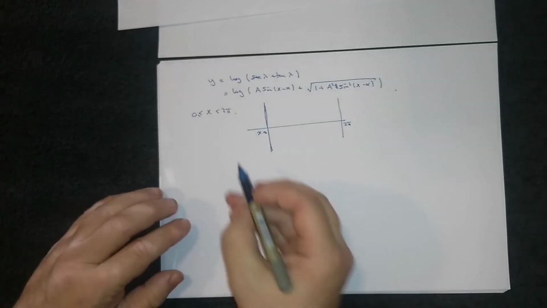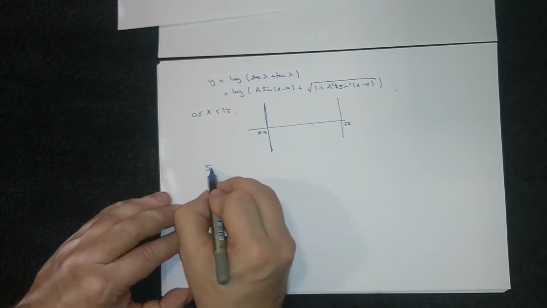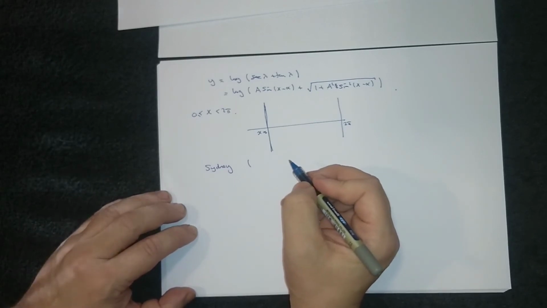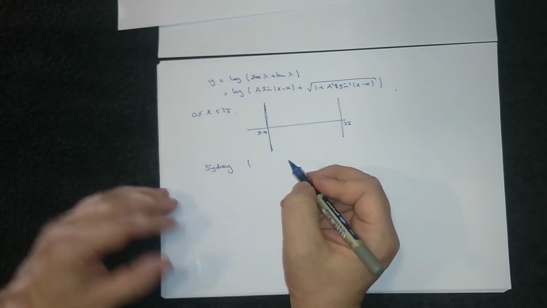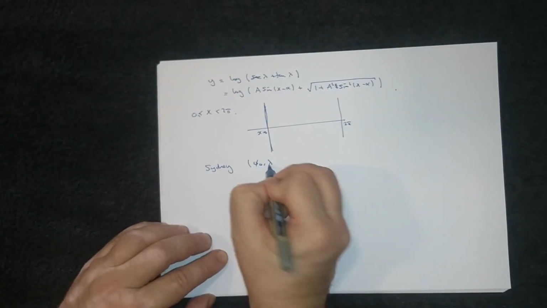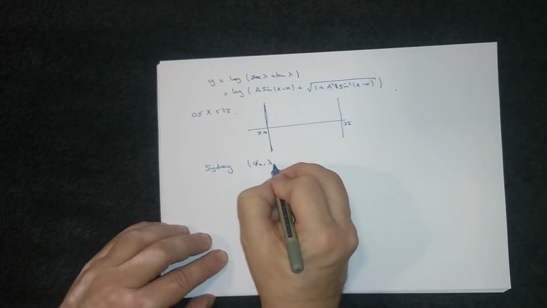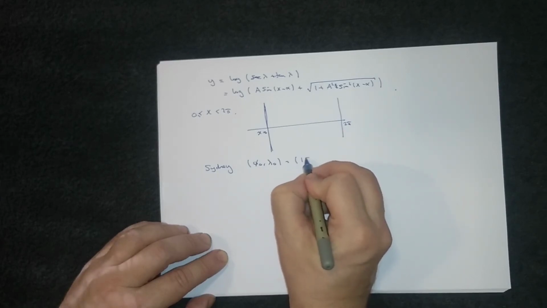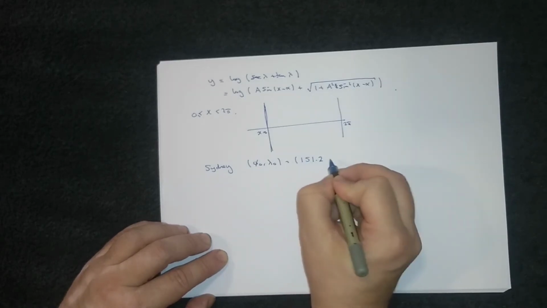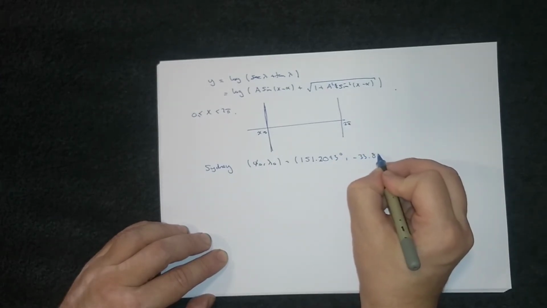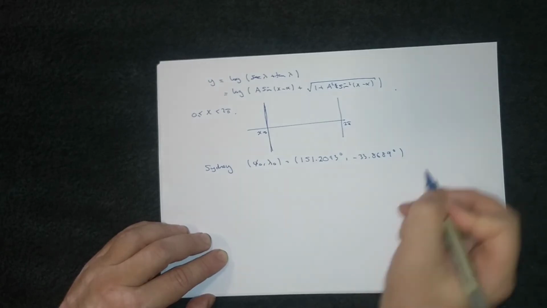As an example, let us take Sydney, Australia. For Sydney, Australia, we know that the latitude and longitude, well, longitude and latitude in this case, is 151.2093 degrees. The latitude is that.